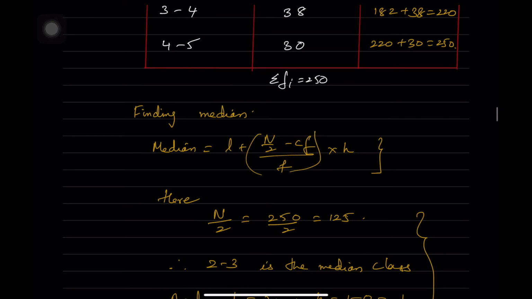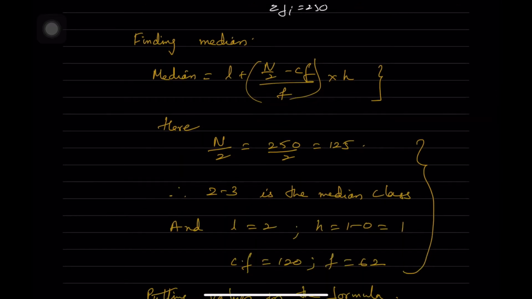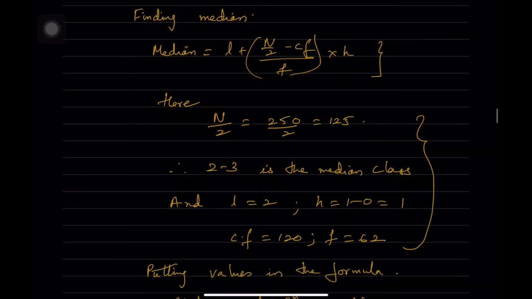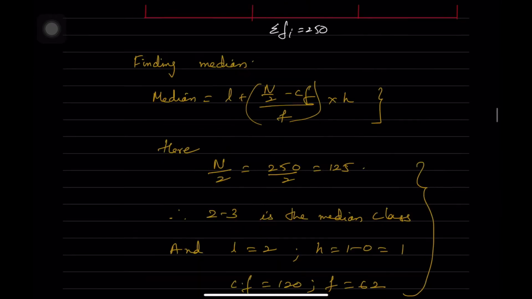So how do we find the median? Median is equal to L plus n by 2 minus cumulative frequency by frequency into h. Here n by 2 is nothing but sigma Fi by 2, which is equal to 250 by 2, which is equal to 125.